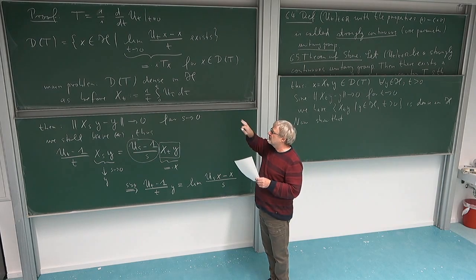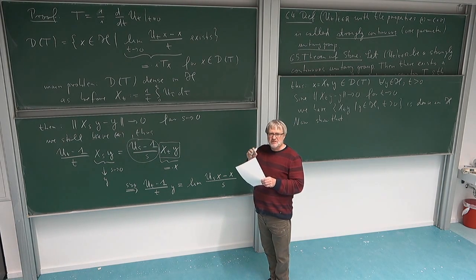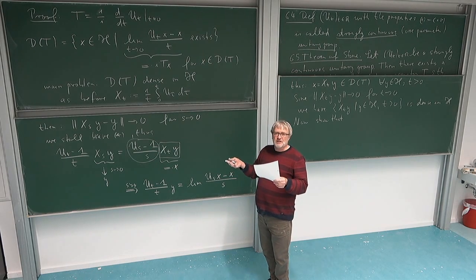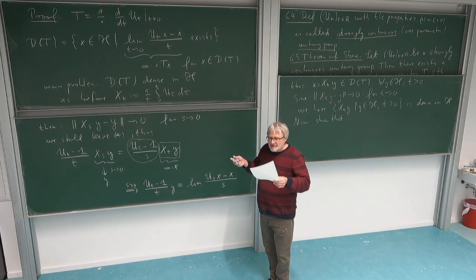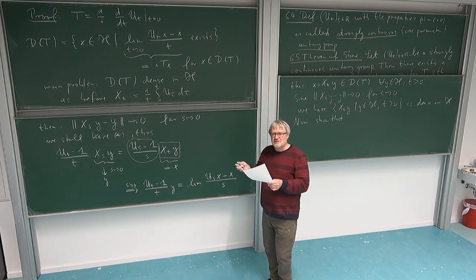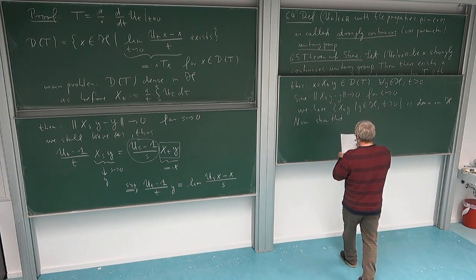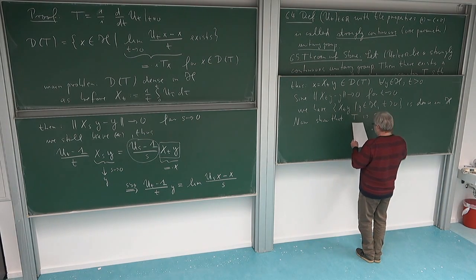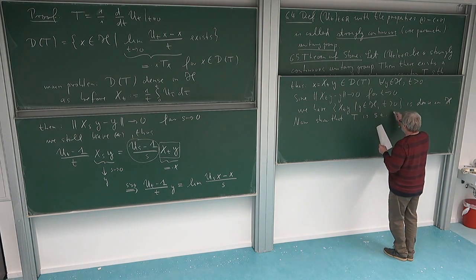So we have really fixed the domain of T, which means the adjoint comes with its domain, and then we have to see that the two domains are the same, and of course that the action of T and T star on them is also the same. So now we have to show that T is self-adjoint. And so what does this mean?